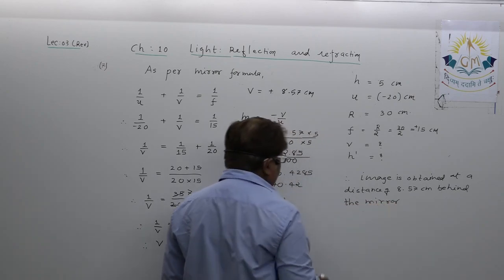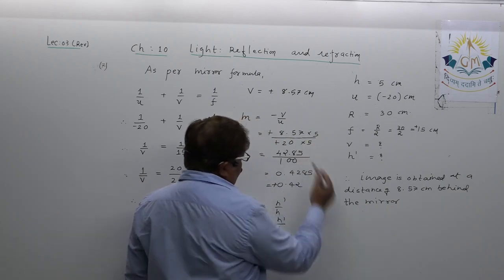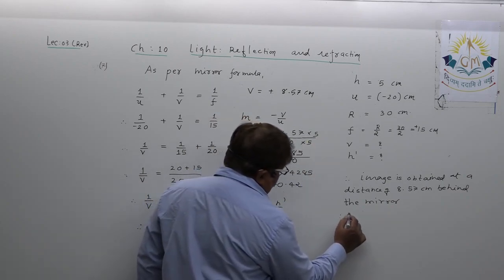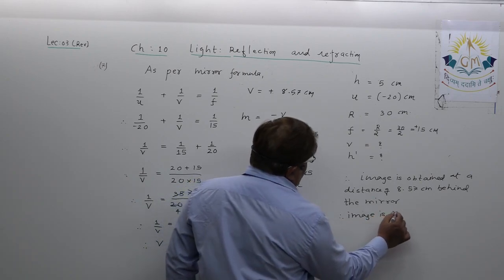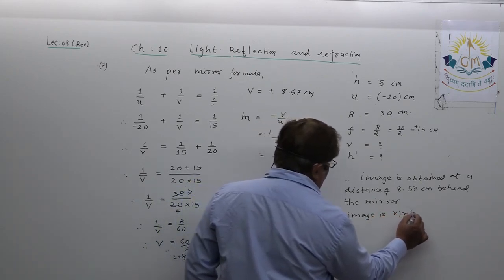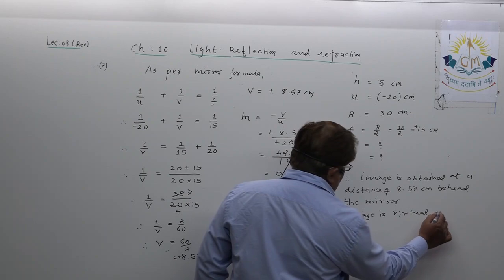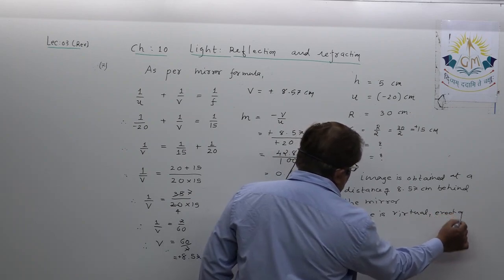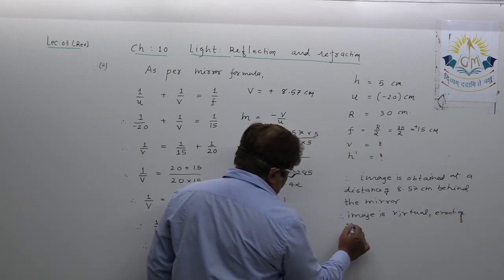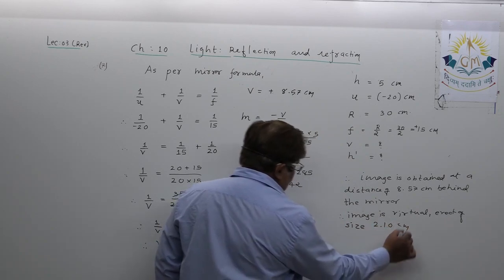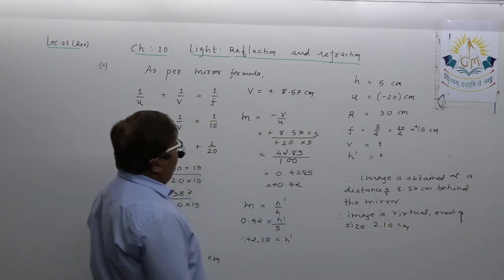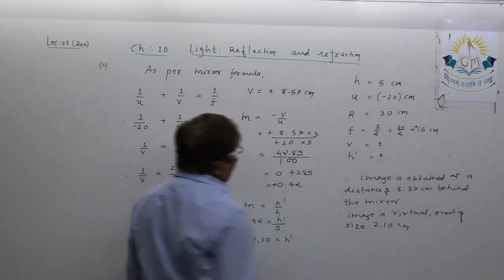Behind the mirror. What is the type? V positive, that means image is virtual, erect, and of size 2.10 centimeter. It is given in centimeter.